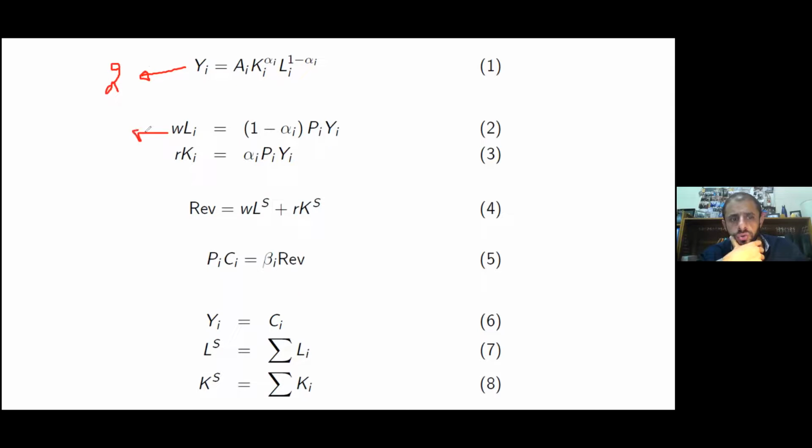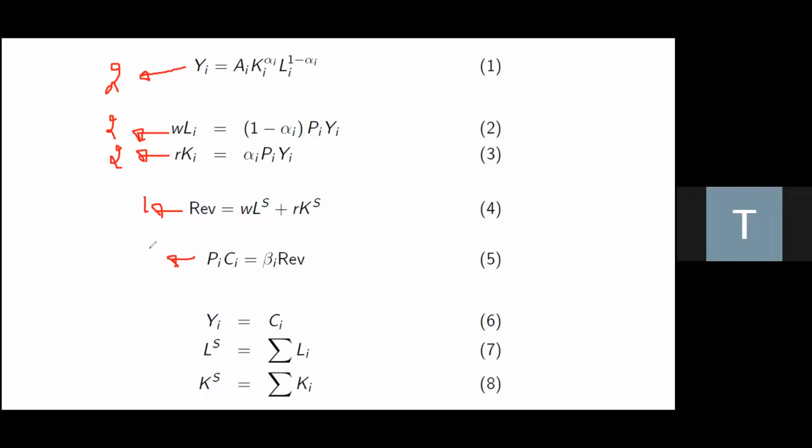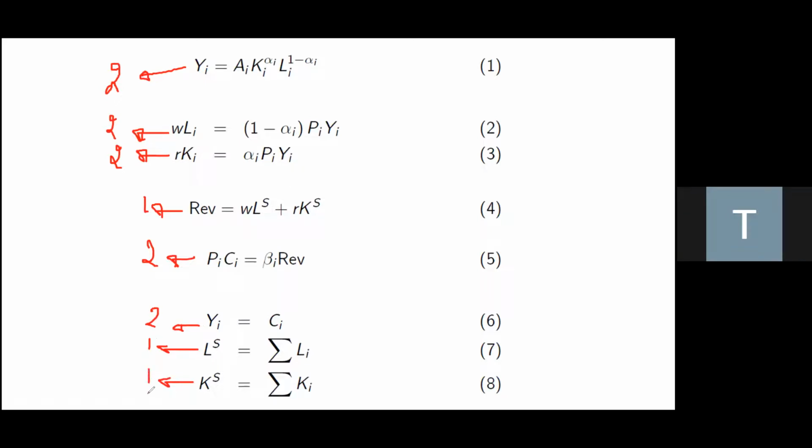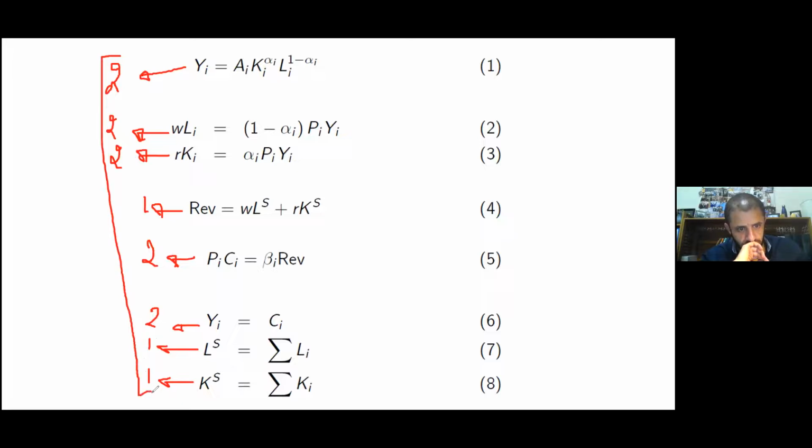Here we have one or two? Two. Exactly. One or two? Two. One equation. Two equations. Yes. One. Great. So if we add this up, how many equations will it be? 13. 13, exactly. So we have 13 equations, right?